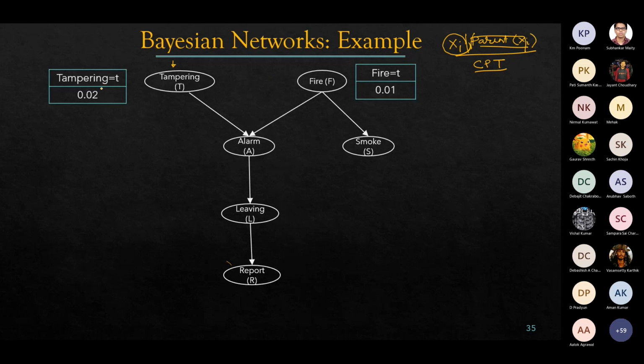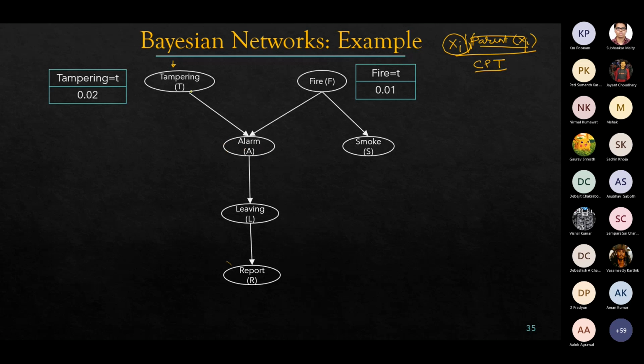So say the probability of tampering is 0.002, and the probability that there is fire is 0.01. Again, this does not have any parent. Now, how will the CPT for alarm look?